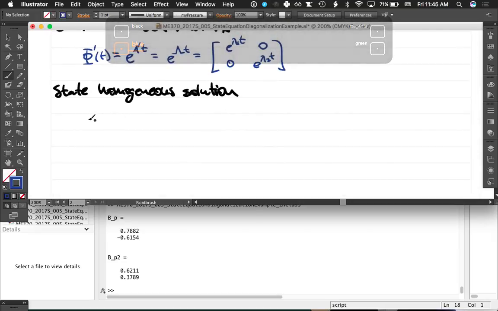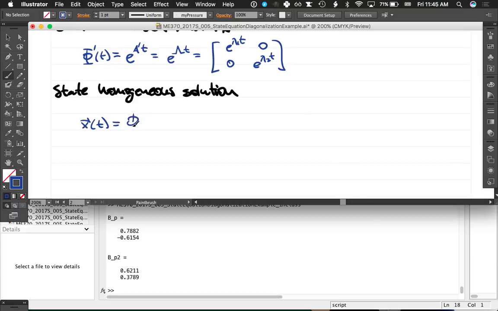What we want here is x of t, which we know is equal to phi of t times x of 0. We don't know phi, we know phi prime. Now, we can go back and cheat and use the formulas that I provided earlier, or we can just derive it because it's actually kind of more fun that way.